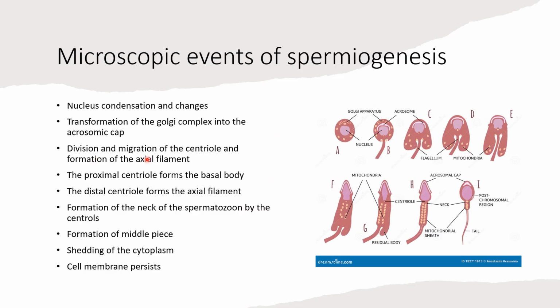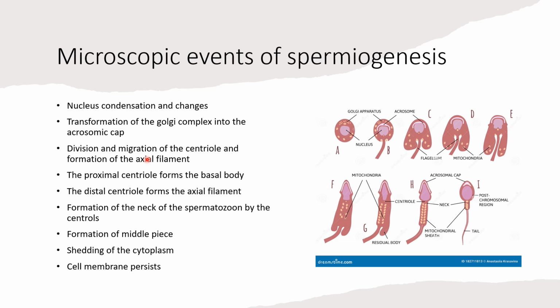Now let's look at the specific microscopic events that convert the spermatid to a full-blown spermatozoa. I've talked about nuclear condensation, and the Golgi complex, which transforms into the acrosomal cap.